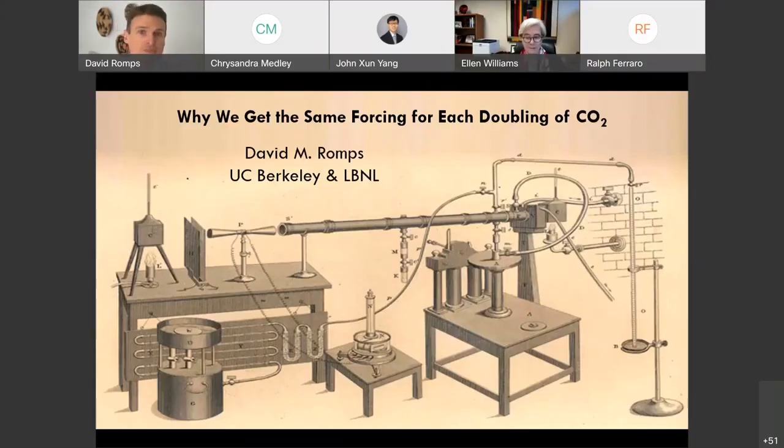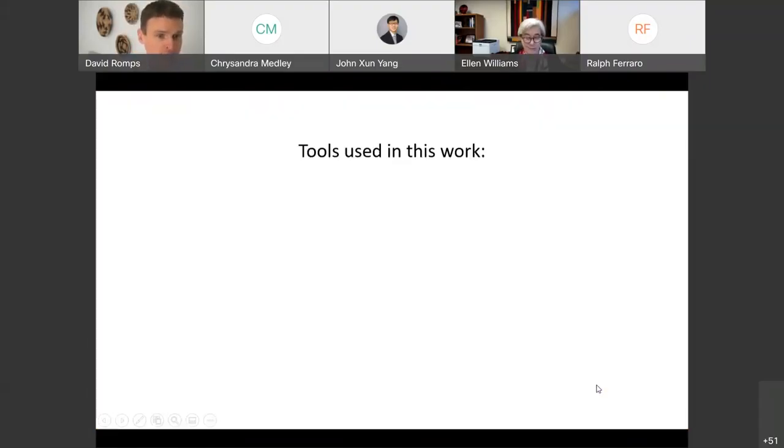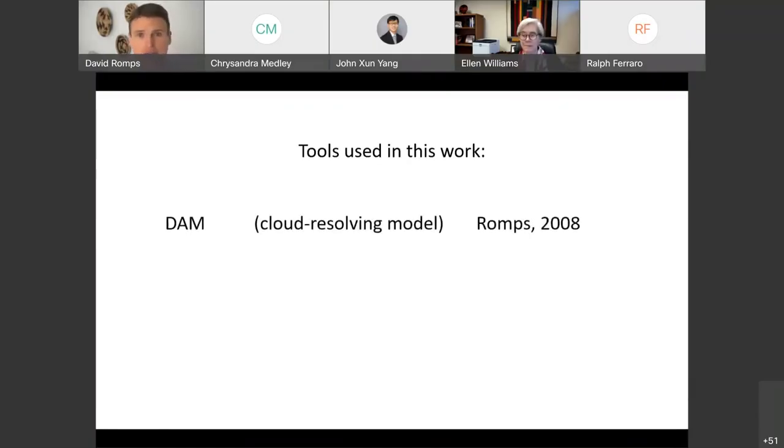So the next three slides are going to be the most boring slides in the entire talk. If you get through these without falling asleep, then it bodes well. First I want to tell you what tools are used in this work. One of them is Das Atmosphärische Model, or DAM, which is a cloud resolving model.